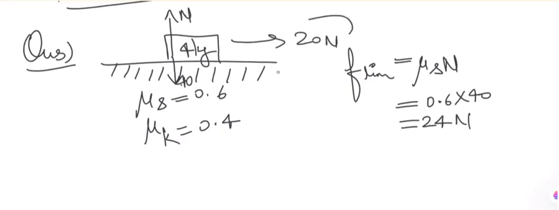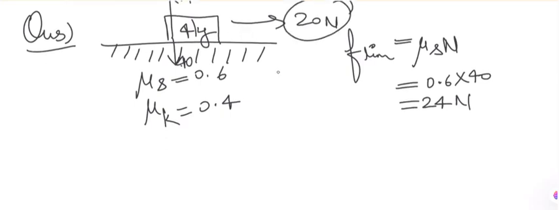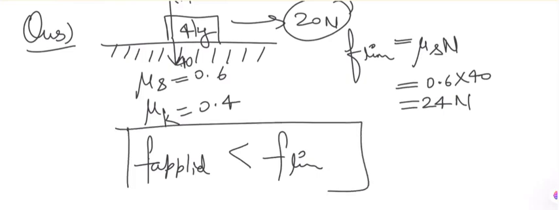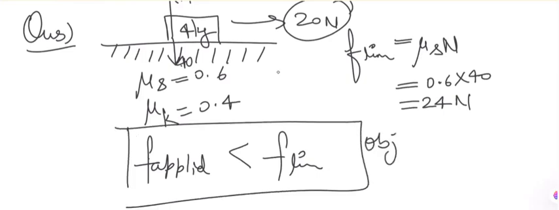What is the applied force? 20 Newton. So my F applied is less than my F limiting. Hence the object will not move. Now you understood how you have to do. Any doubt? No, ma'am.